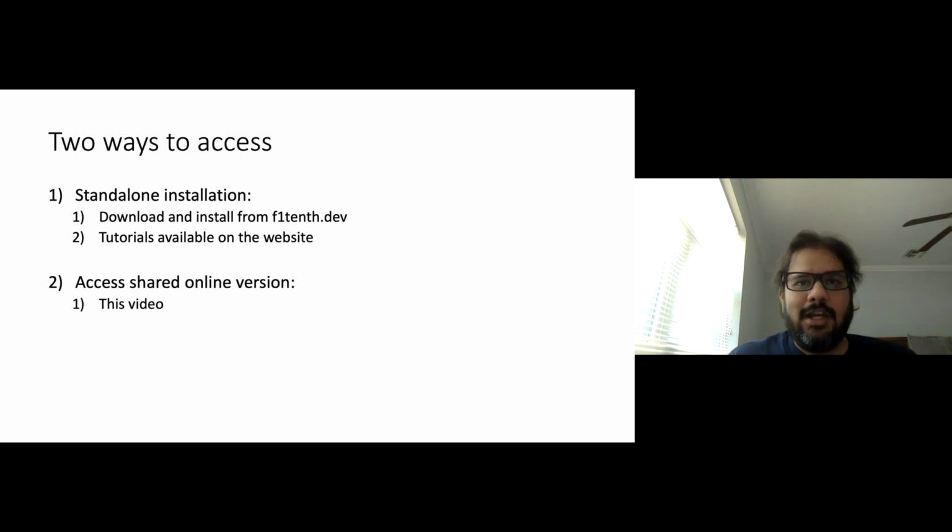The easiest way, I would say, is to have a standalone installation, meaning that you just install the simulator locally as you would any other application or software. This simulator is open source and available for free on F1tenth.dev, which is the development webpage of the F1tenth community.